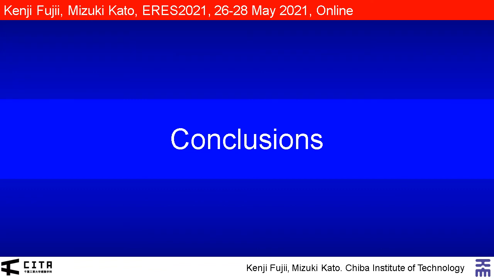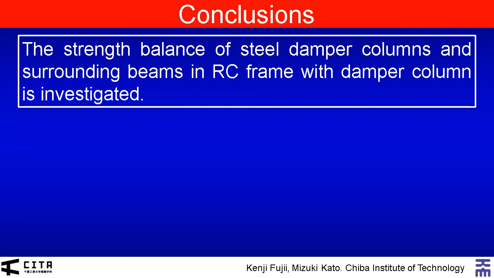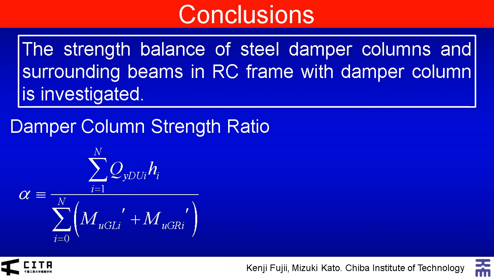Finally, I would like to move to the conclusions. In this presentation, the strength balance of steel damper columns and surrounding beams in RC frame with damper column is investigated. First, the damper column strength ratio is defined as this equation.